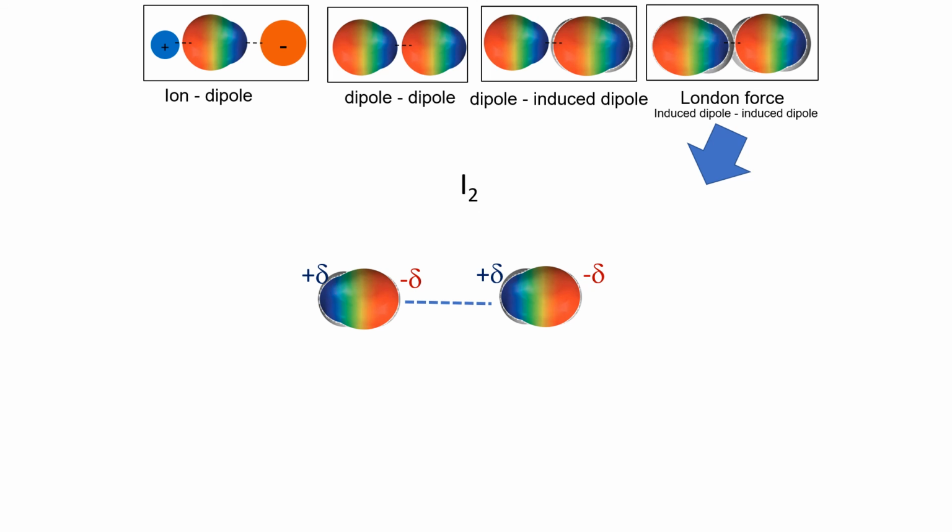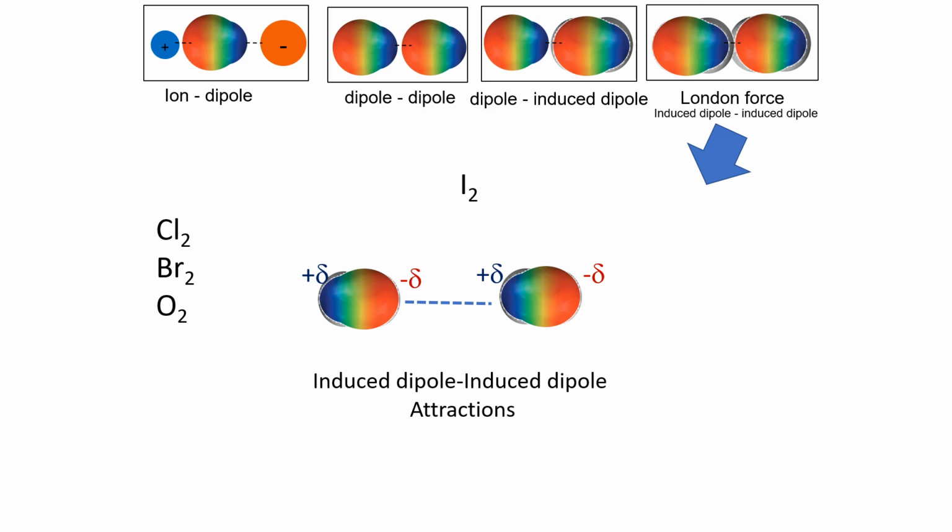Then they may have induced dipole attractions. Gases like chlorine, bromine, oxygen, nitrogen and carbon dioxide also show this induced dipole attraction. Those are examples of London forces.